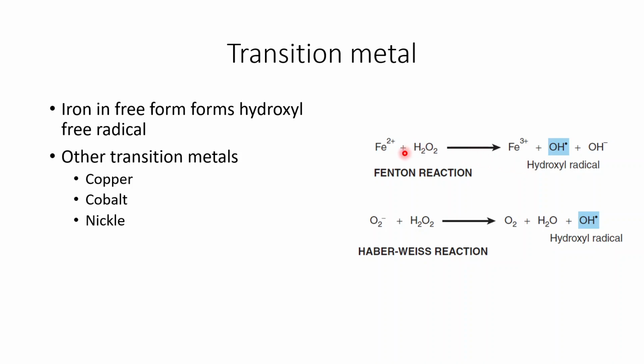Now apart from iron, you can also have other transition metals like copper, nickel and cobalt. Okay, so if this free form of iron is not there, then the generation of free radicals is also limited. So in case of iron, when it combines with transferrin, or in case of copper, when it combines with ceruloplasmin, they act as antioxidants. Okay, that we will see again later.